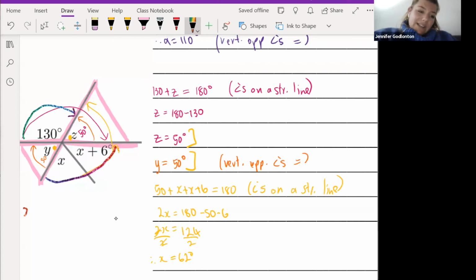So I would have said x plus 6 is equal to 150 because of vertically opposite angles, and then we would have gotten to the same point. The other way you could have done it is added everything up using angles around a point. So we could have used any one of our reasons, all 3 of them: the 2 we learned on Tuesday and the one we learned today.